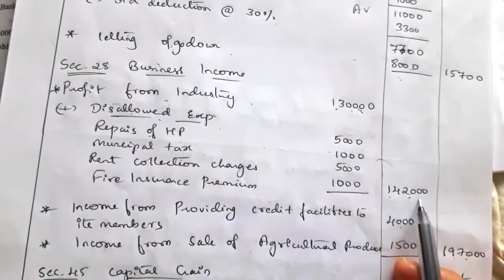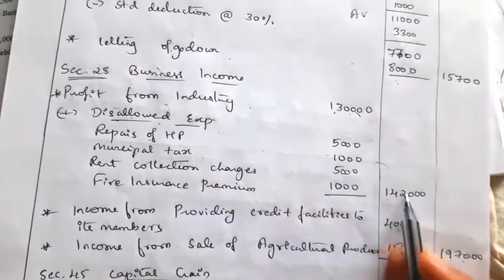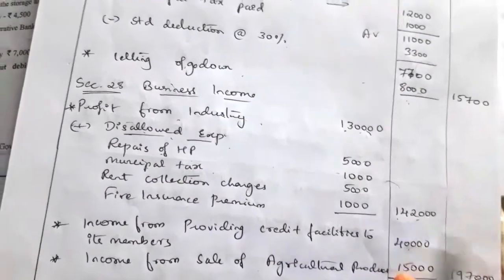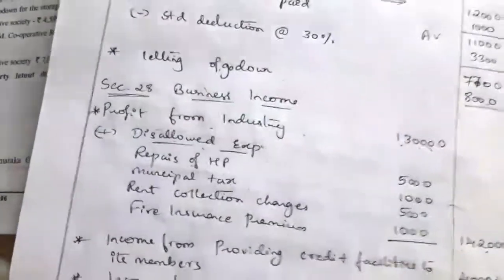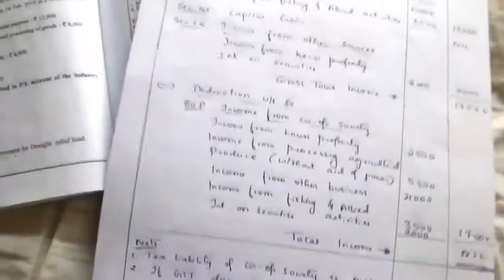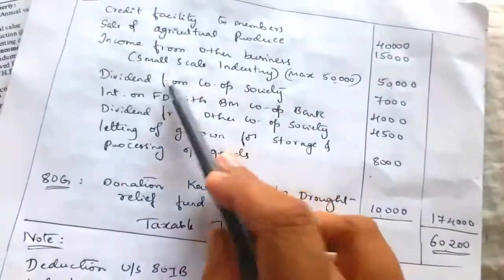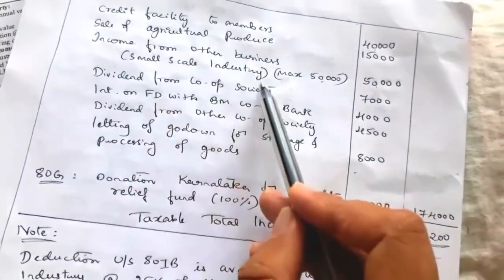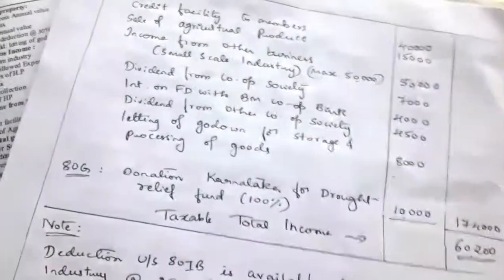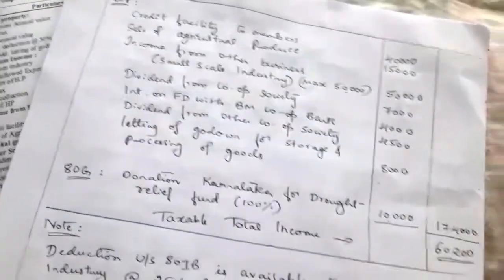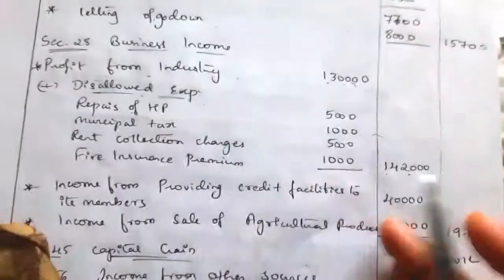1,42,000 is given. We can claim a maximum of 50,000 for this profit. That is profit from other businesses, that is small scale industry. Maximum 50,000 we can claim here, not 1,42,000, because it is not a consumer cooperative society.